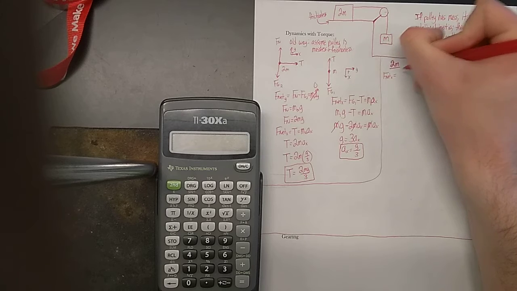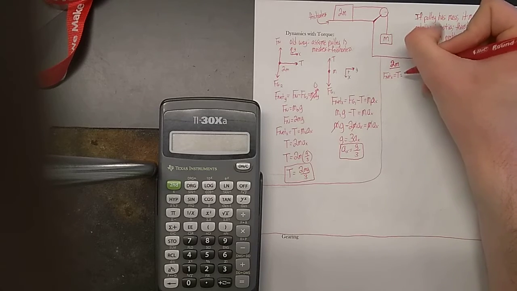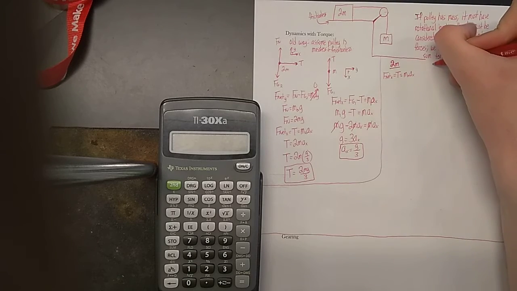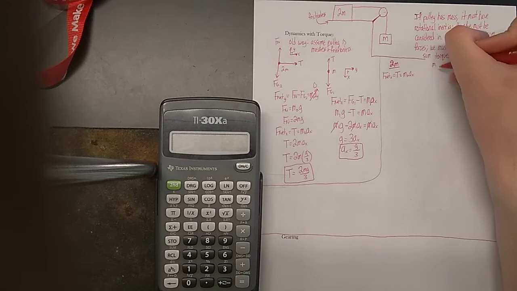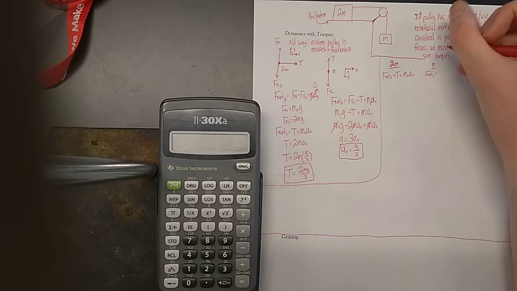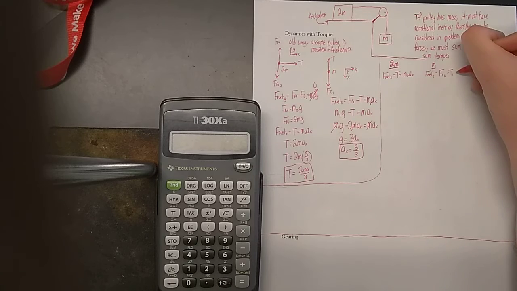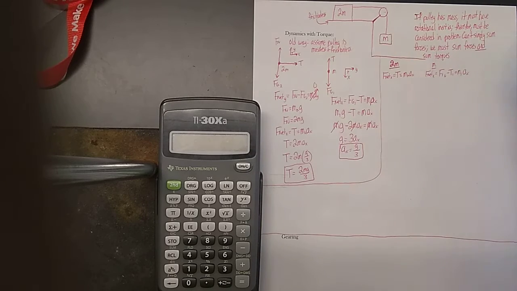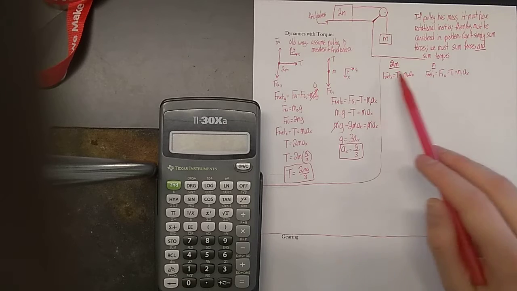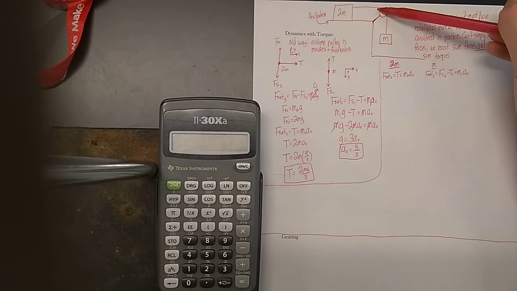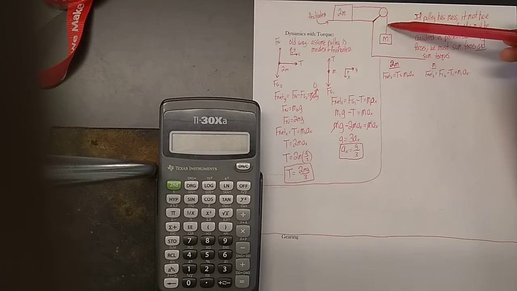F net x was T equals M2 AX. And for M, we had F net x equals F1G minus T1 equals M1AX. And actually, I take it back. There is going to be a very slight change. It's not going to change the format, but now that we are accounting for the rotation of the pulley, we actually have to treat the tensions on each side of the pulley as separate.